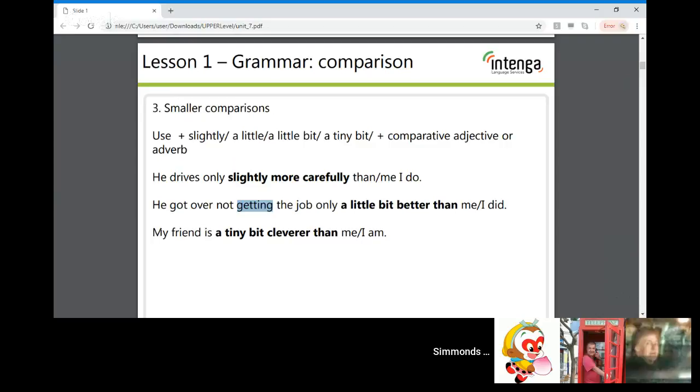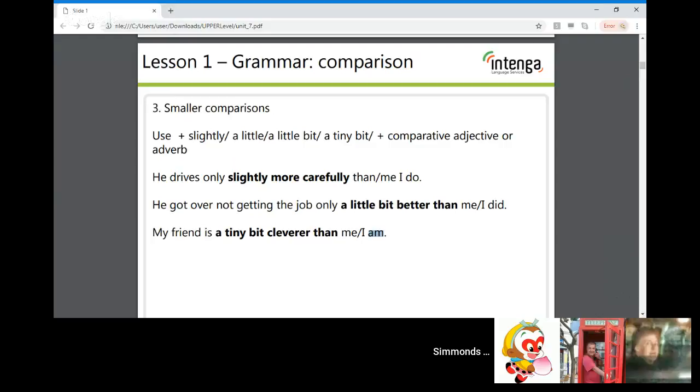And now this last sentence. My friend is a tiny bit cleverer than me. So who's smarter, my friend or me? My friend. Very good. And here the auxiliary verb is am. Why? Because clever is not the action, it's a state of.